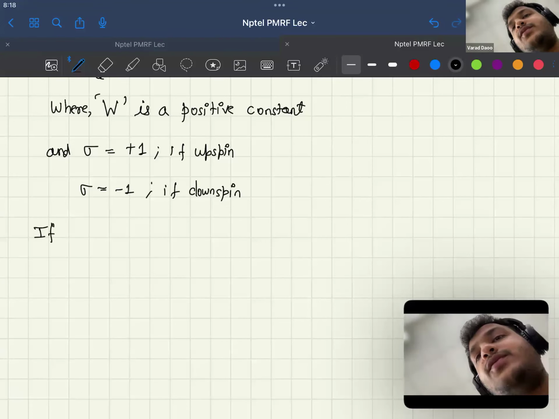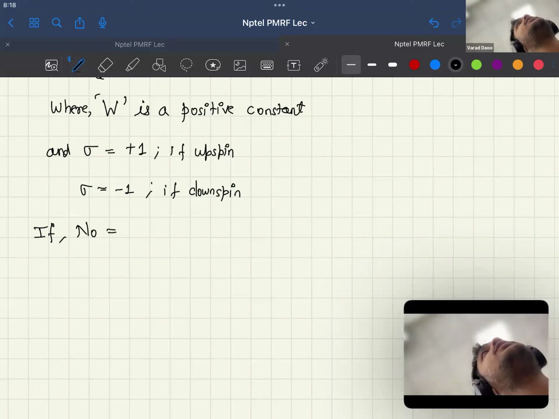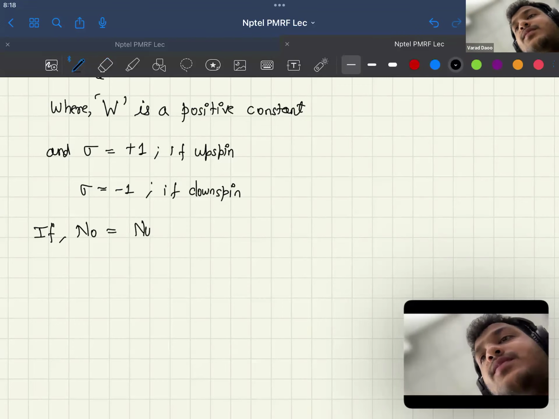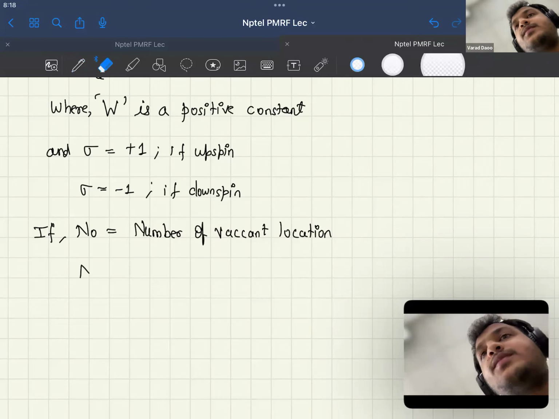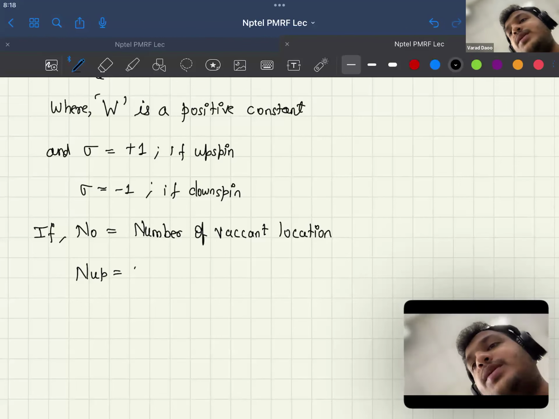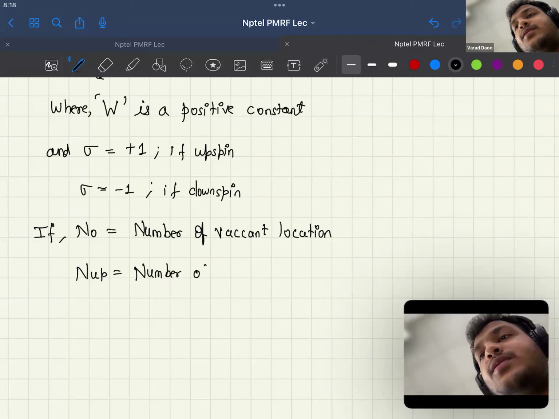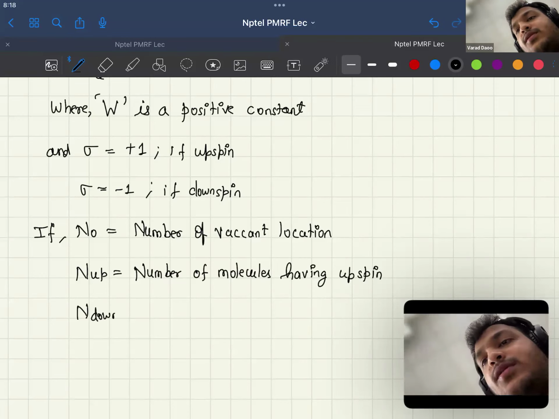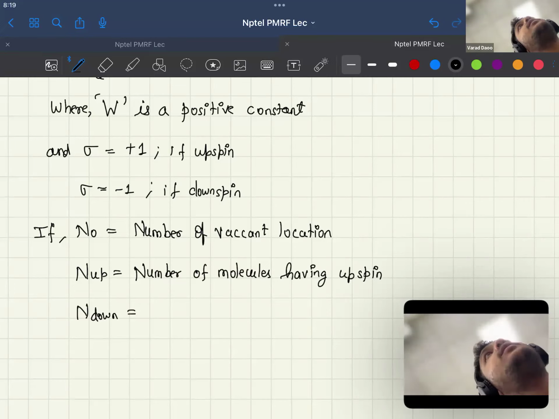Now we are again given that N0 is the number of vacant locations, N up is the number of molecules having upspin, and N down is the number of molecules having downspin.